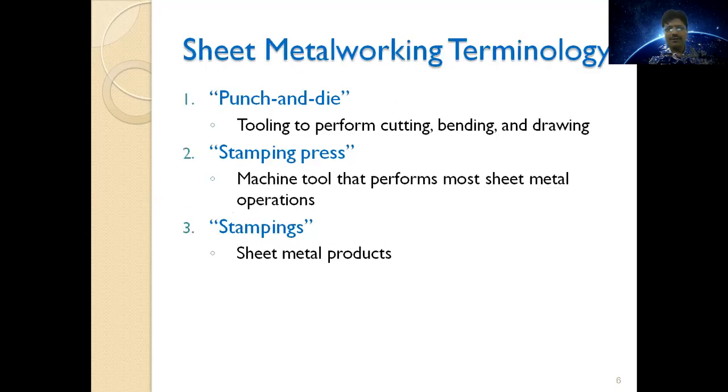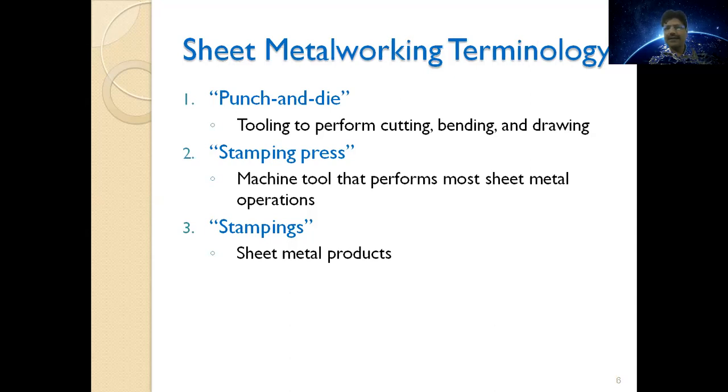Sheet metal working has some basic terminology: punch and die, stamping presses, and stampings. Punch and die: when we have to apply pressure, we normally use a die, which is the lower or fixed part of the tooling, and the upper part is the punch, which is basically used to put pressure on the part or component.